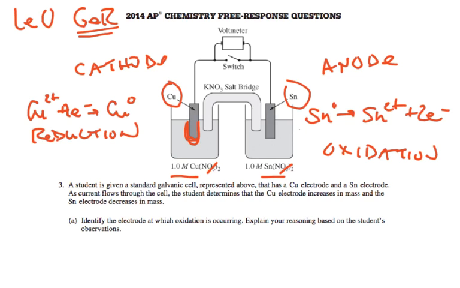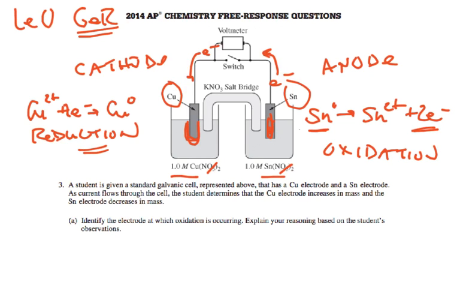Because the metal is losing, this electrode is actually going to end up getting smaller as the reaction occurs. And that's what it says. So this is going to lose electrons, and those electrons are going to pass through this outside circuit. And so the electrons are going to get over here to this side.